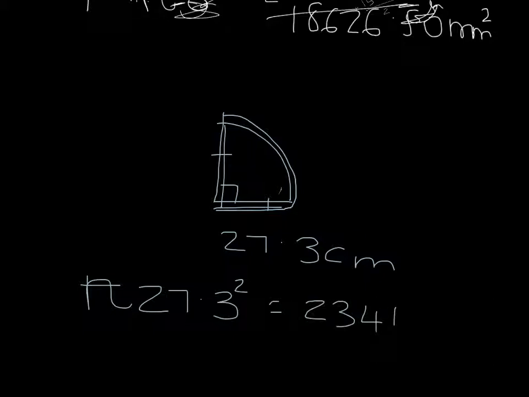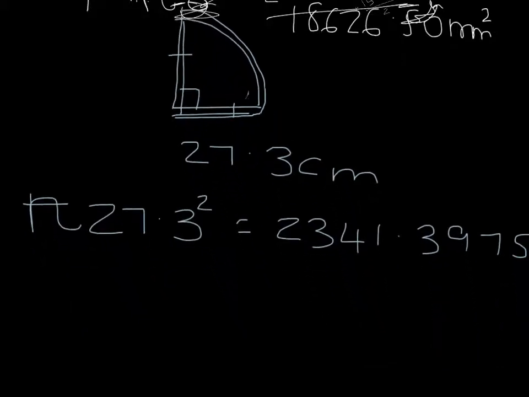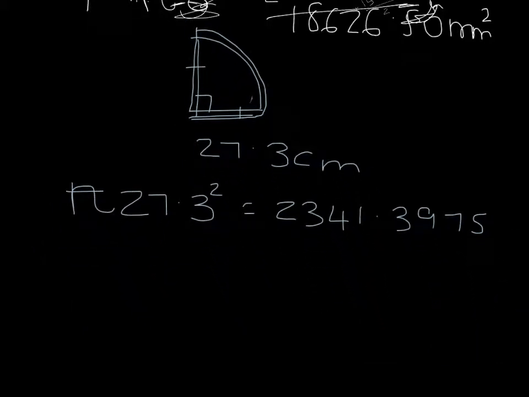2341. And like I said, you leave your number on your calculator with all the digits on, because sometimes it helps you round it up more accurately. Okay, let's move them up. So we've got that answer. What are we going to do with it, guys? What do you think? What do we divide it by? How many parts of the circle is it? This is the quarter, so we divide it by 4 because we've got 1 quarter.